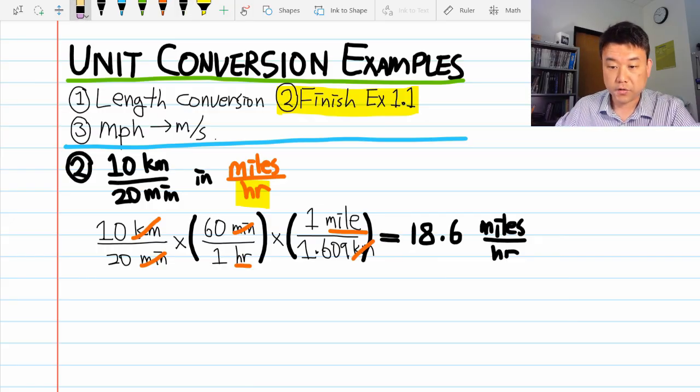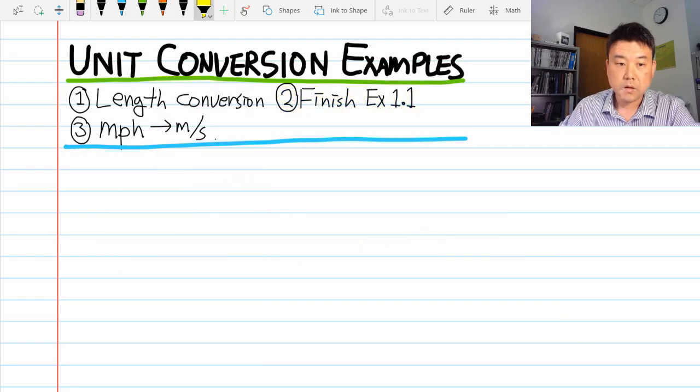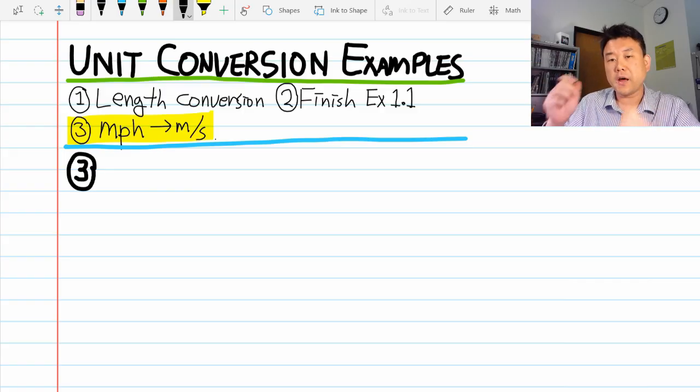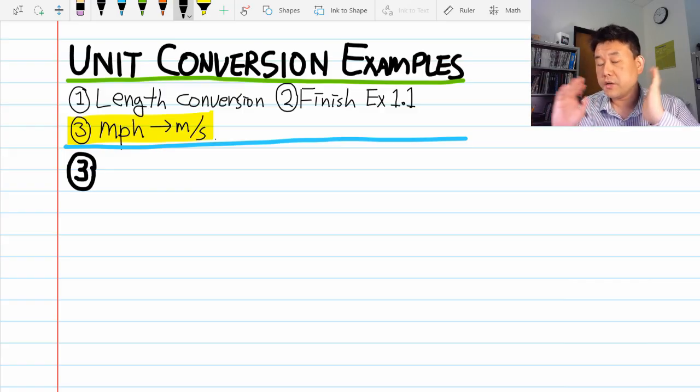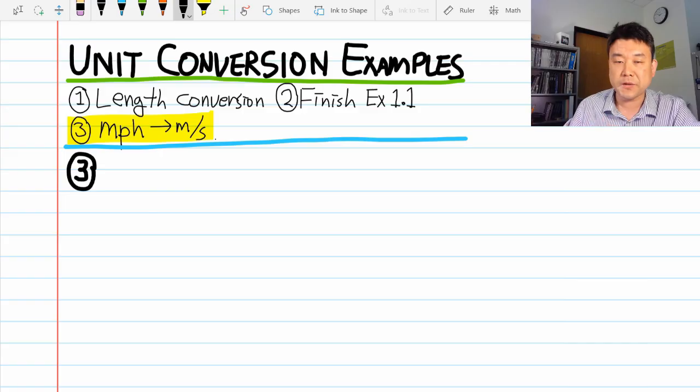Now let me move on to the third example. So we want to convert a number in miles per hour to meters per second. Let me come up with a number that's going to be familiar to you. So if you're driving around in a residential neighborhood, then a typical speed limit might be 30 miles per hour.